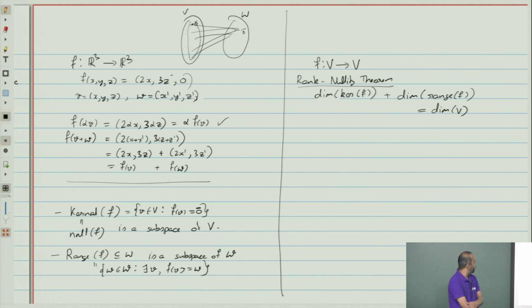See, the only problem here is, f is a function from R3 to R3. Do you agree? So the input to f is a 3-dimensional vector, yes. The output of f is a 3-dimensional vector. Yes. So it is a function from R3 to R3.